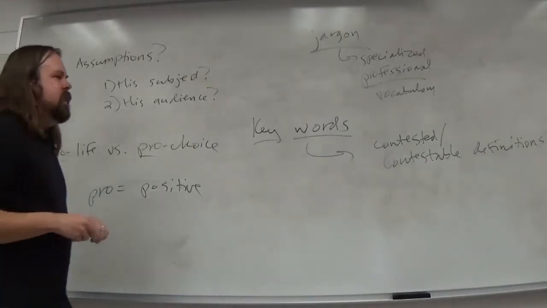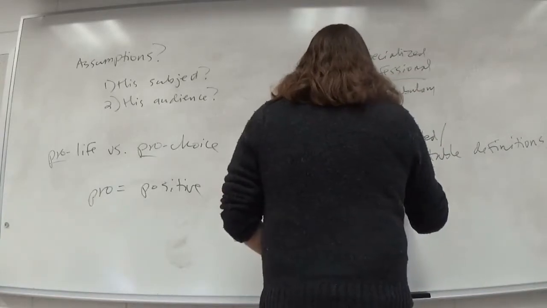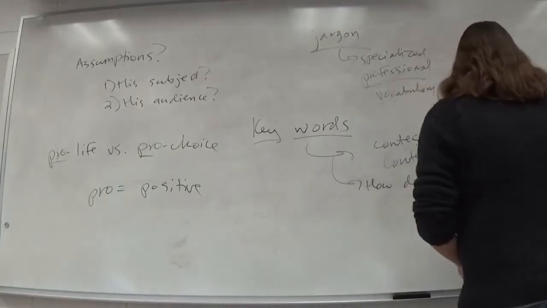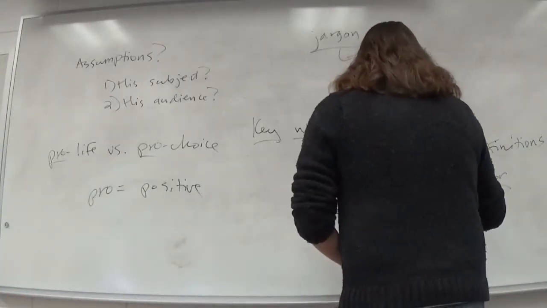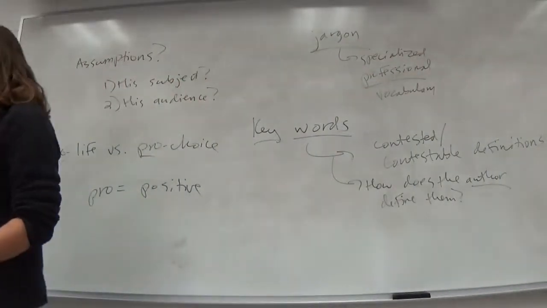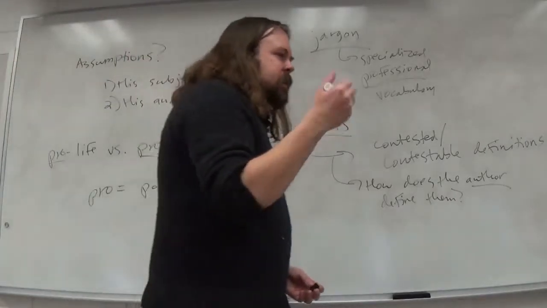And I want you to think about how the author defines them. Which you're mostly going to pick up through context clues, right? He's probably not going to come out and tell you how he defines particular things.